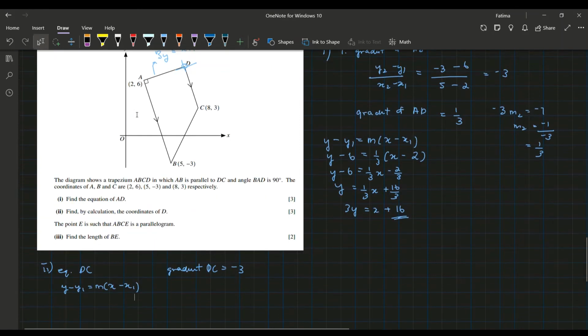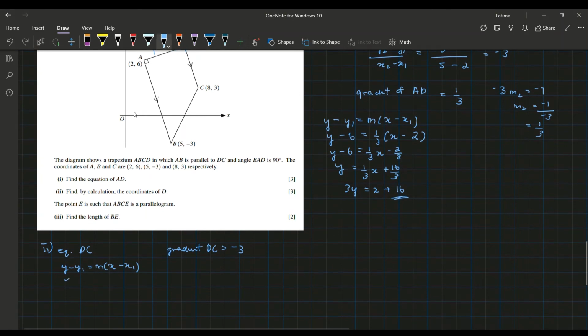So that is y minus 3 is equal to -3(x minus 8). So that's y minus 3 is equal to -3x minus 3 into -8. That's positive 24. So that becomes y is equal to -3x. Now 24 plus 3, that's positive 27. And this is our equation for DC.